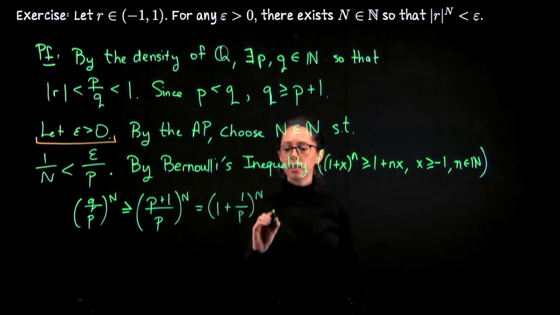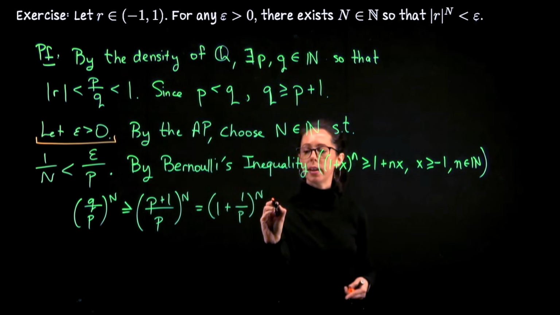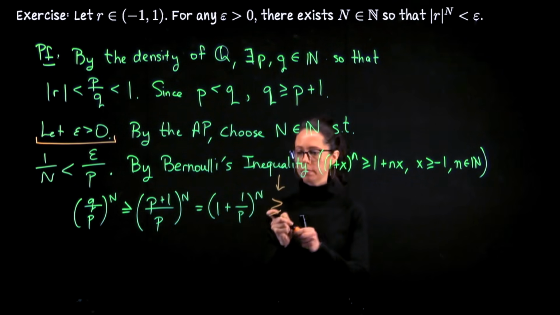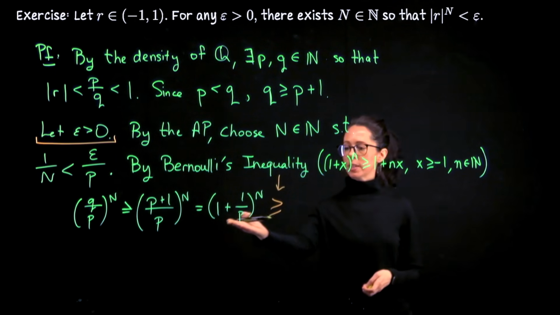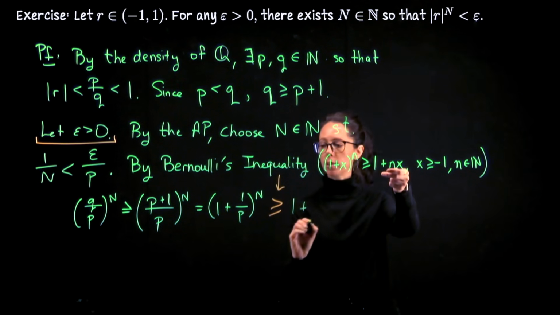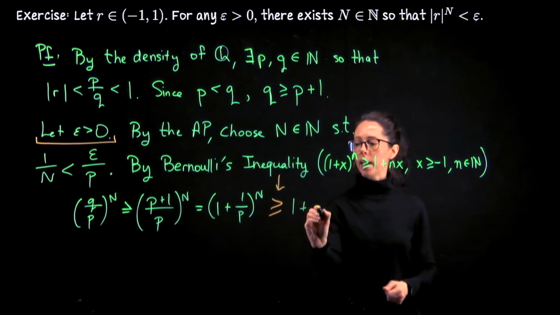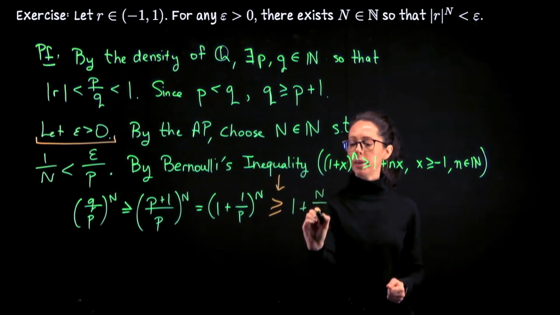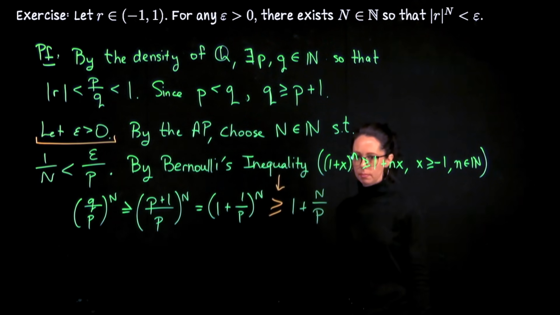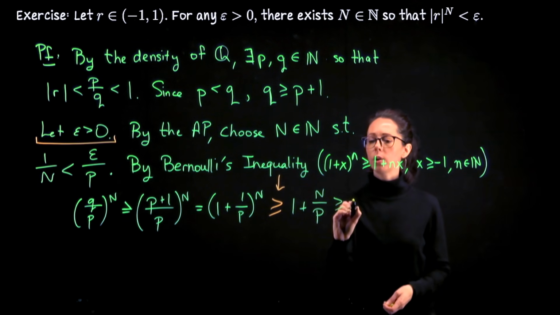So we can say, thanks to Bernoulli's inequality, that this expression is greater than or equal to 1 plus capital N times this quantity. So here x is the 1 over p. So we have 1 plus n over p. And then just knock off the 1. So this is greater than or equal to n over p.